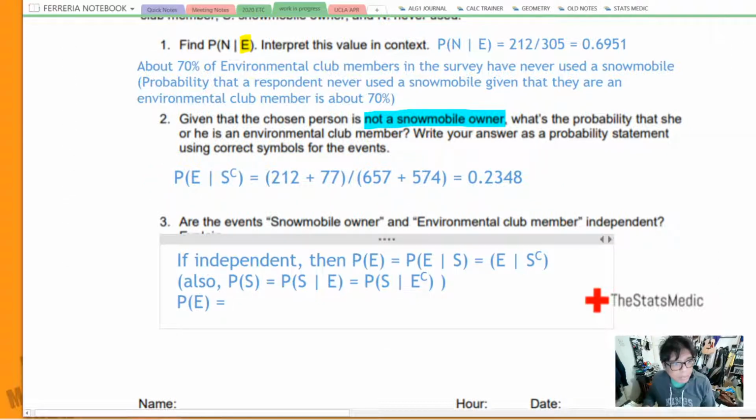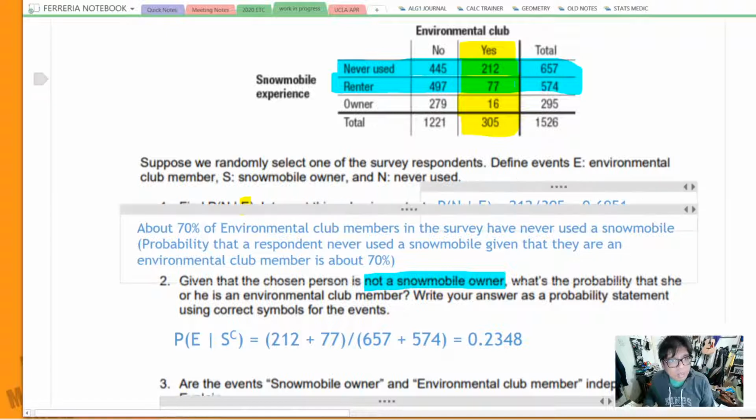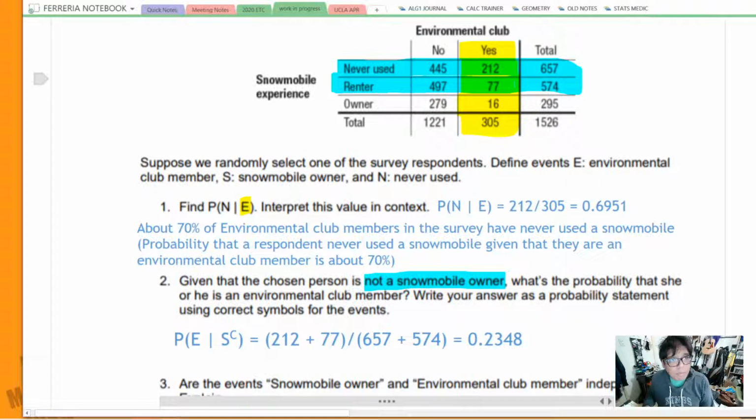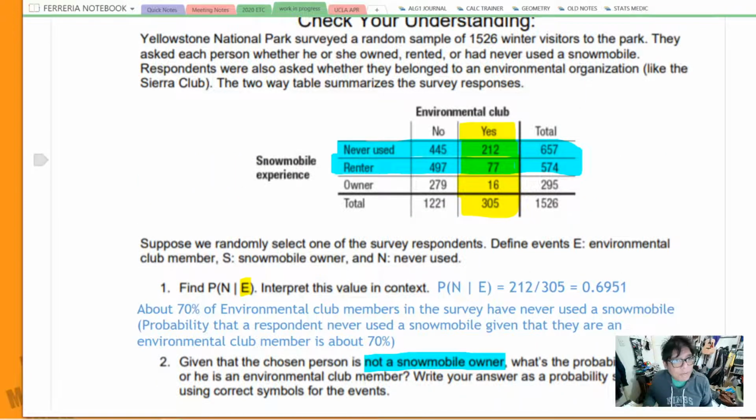So what is the probability of E? The probability that someone is an environmental club member is 305 out of 1526. So we're going to compare those with these.